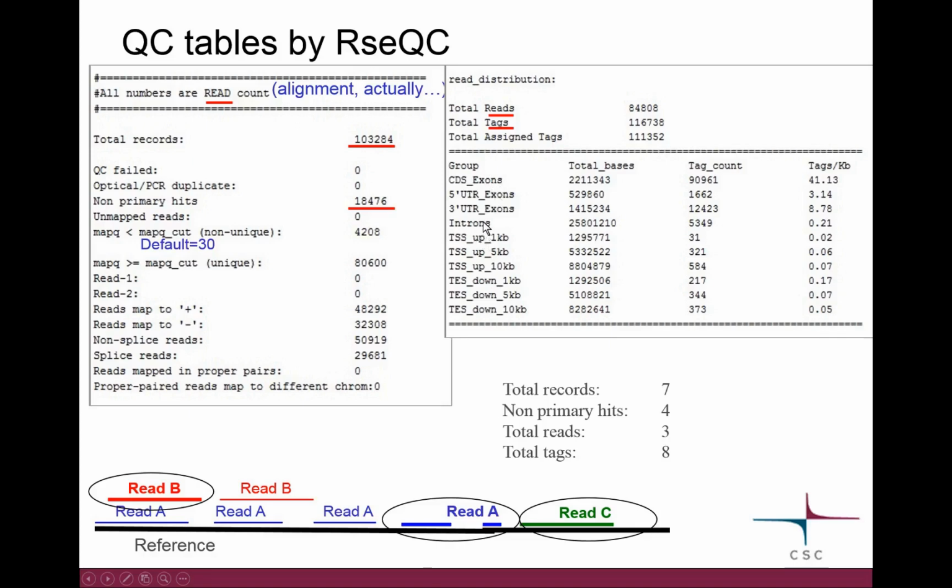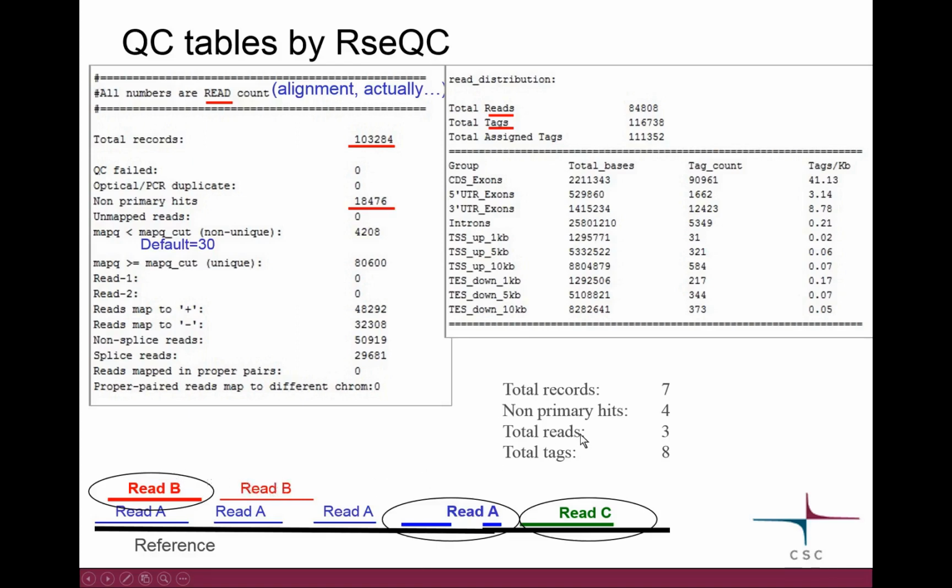Like mentioned, it can be a bit confusing, so I made this helper picture below. You can see that there are 3 different reads here, A, B, and C. But we have 7 total records, looking at this number here, because the blue read is actually mapping into 4 different locations, and the red one is mapping into 2 different locations.